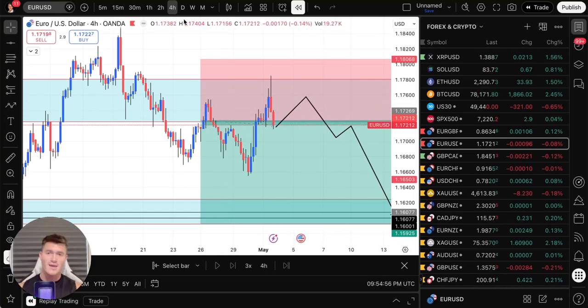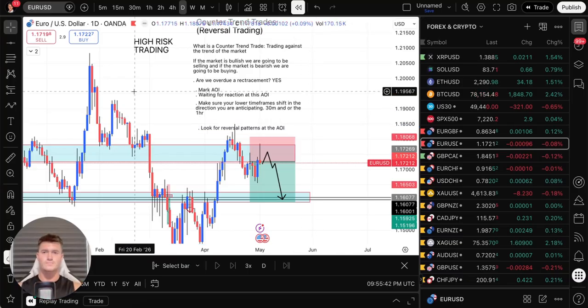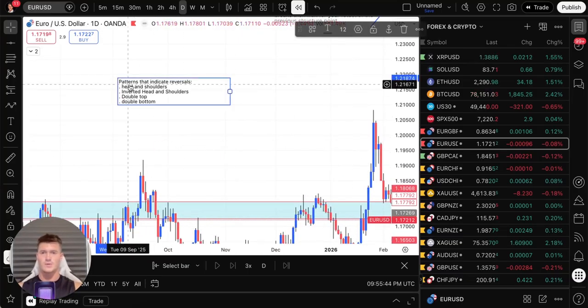So yes, you can have more than one pattern at an area of interest. Look for reversal patterns at the area of interest. We're gonna get these.